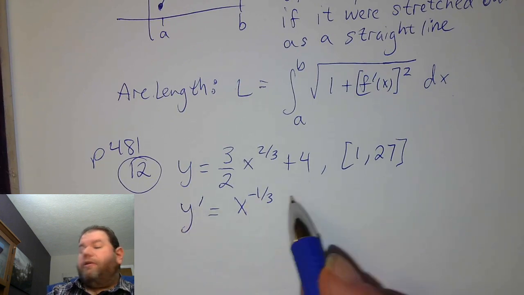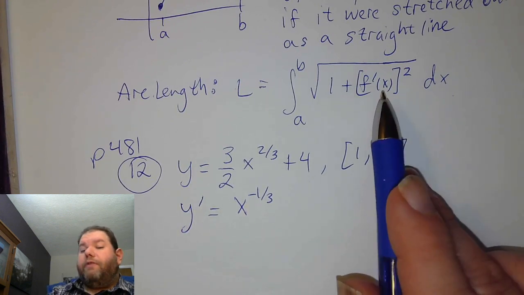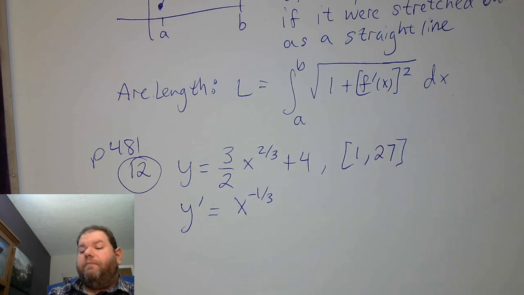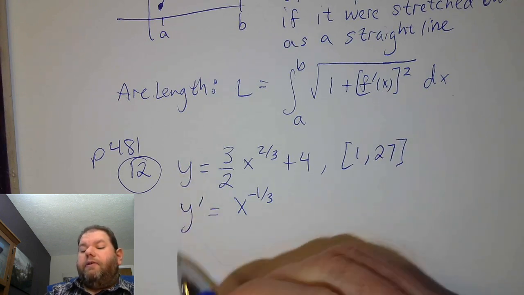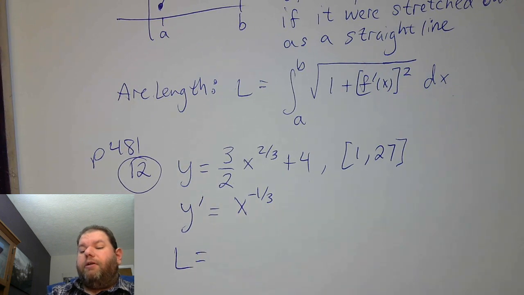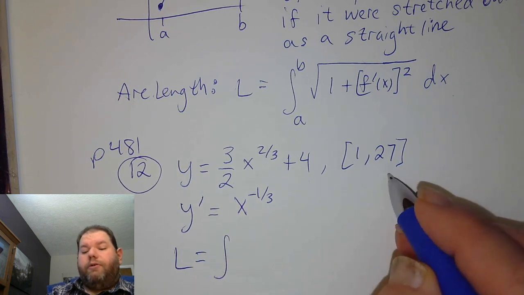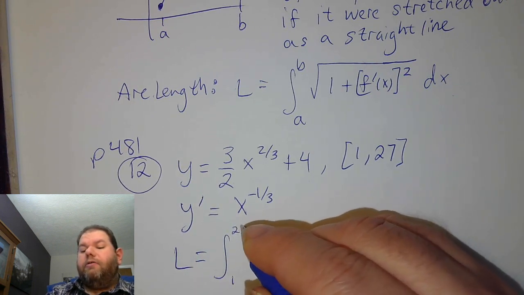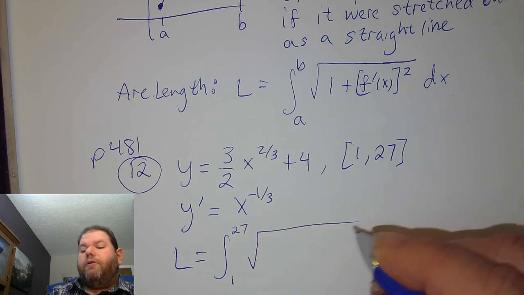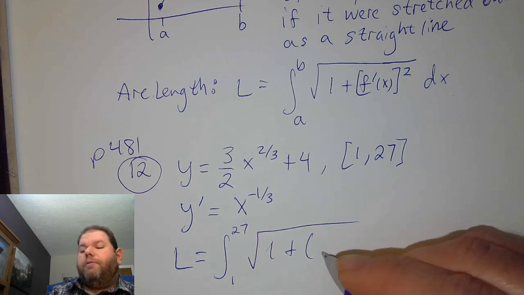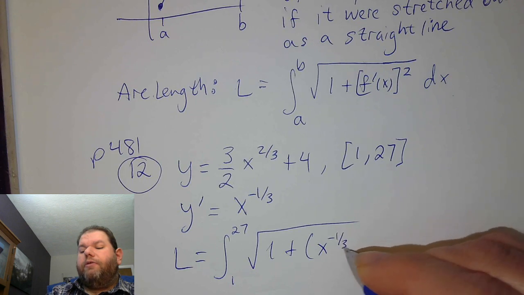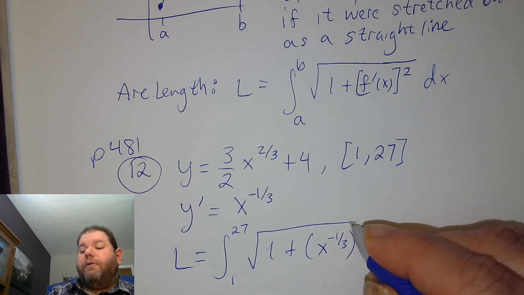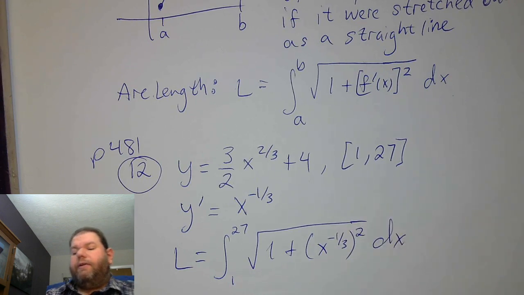So, y prime will be plugged in right here. So our arc length will be the integral from 1 to 27 of the square root of 1 plus x to the negative 1/3 in parentheses squared dx.